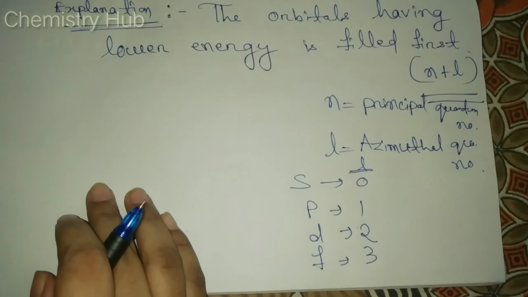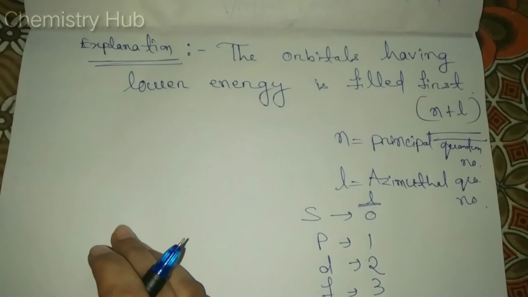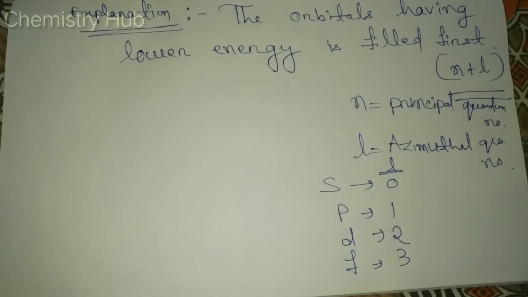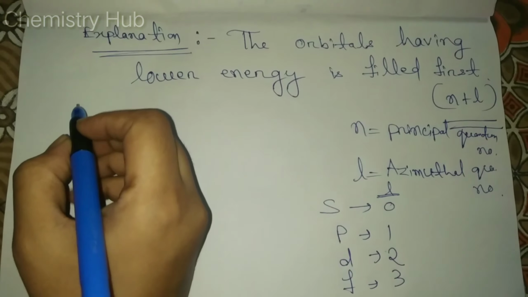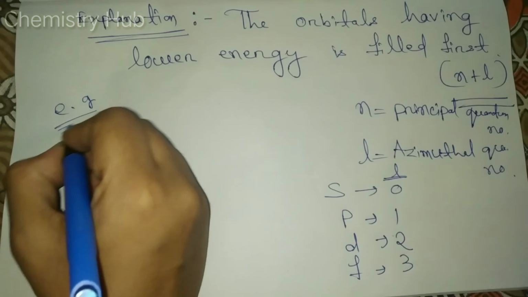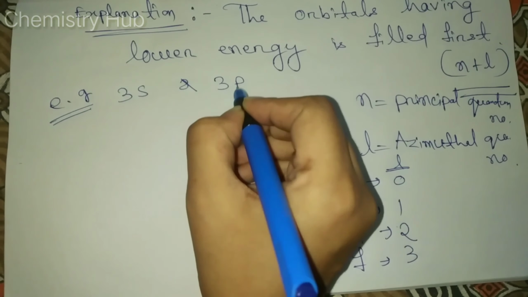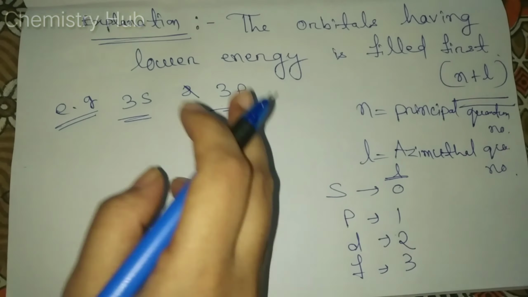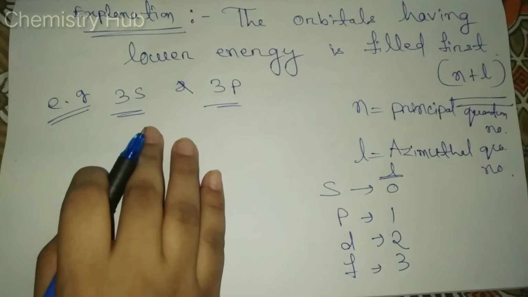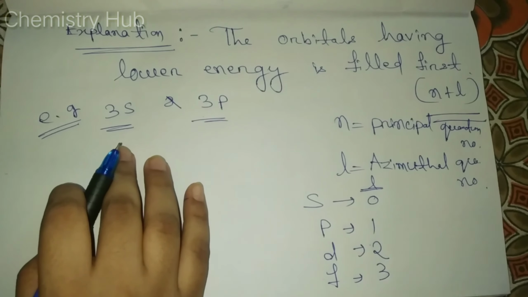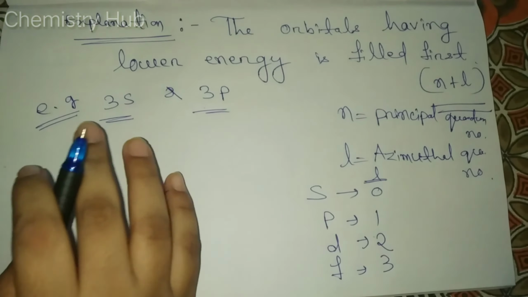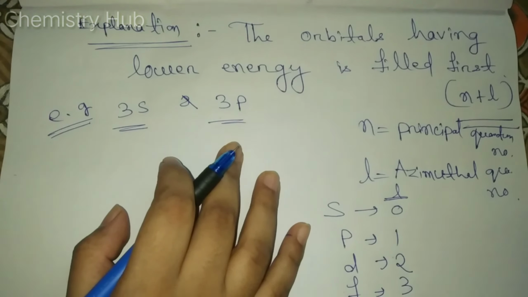By taking an example, you will clearly understand it. So, for example, between 3s and 3p, which has higher energy and which has lower energy? How can we know which has lower energy and which one has higher energy?